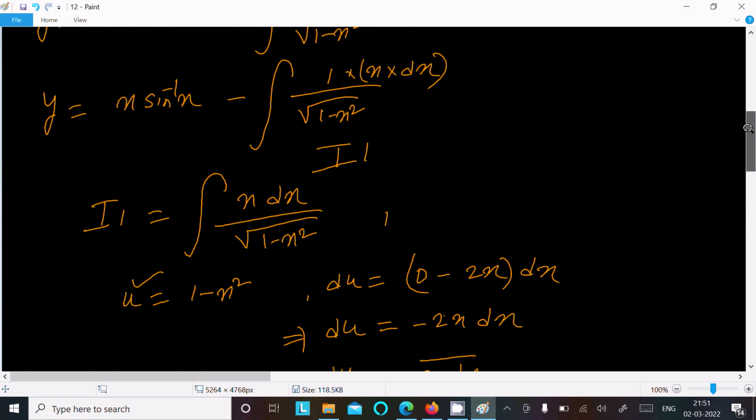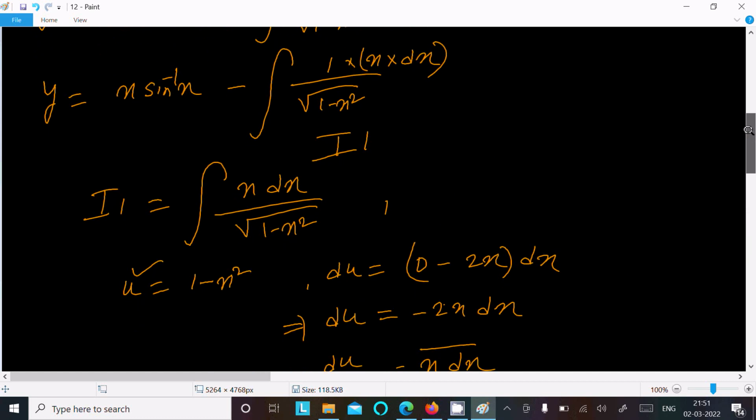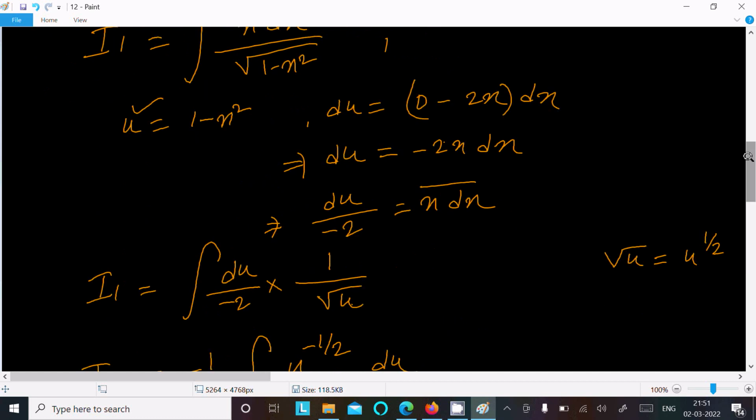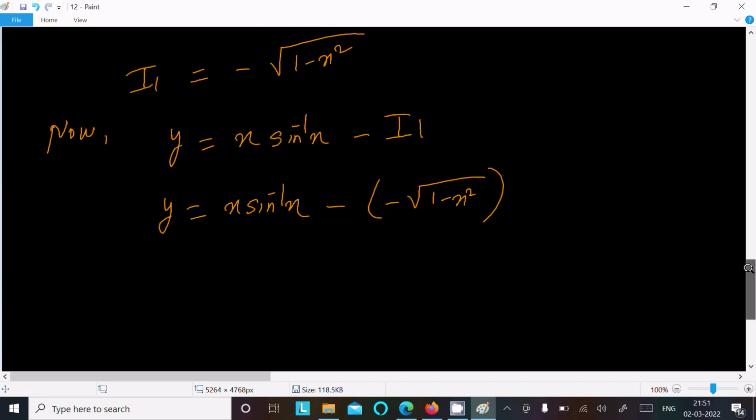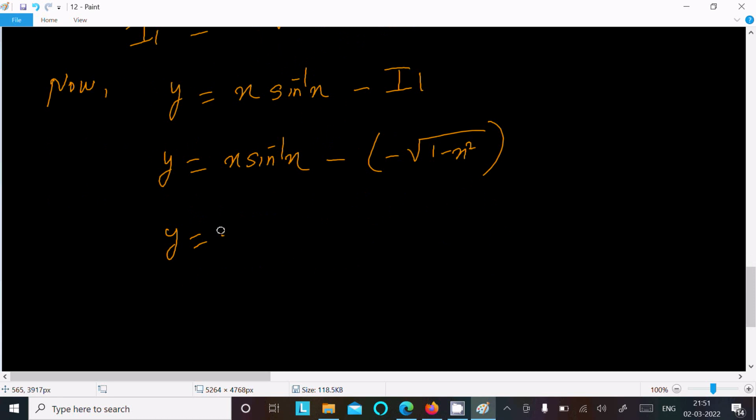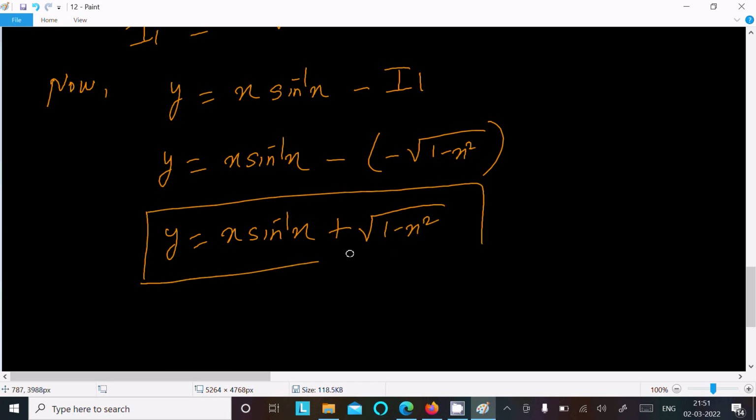Now put the value of I1: y equal to x sine inverse x, and the I1 value is minus root 1 minus x square, and so this is minus minus, plus root 1 minus x square. So this is the general solution of this equation.